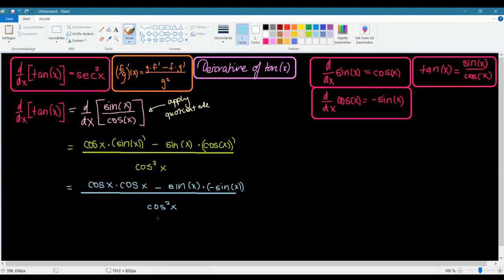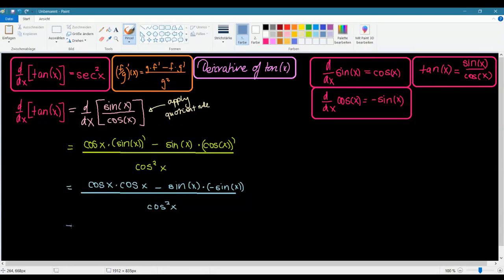Well, okay, now we have cosine x squared over cosine x squared minus sine x squared, plus sine x squared over cosine x squared. Well, what are we going to do? How are we going to simplify this?